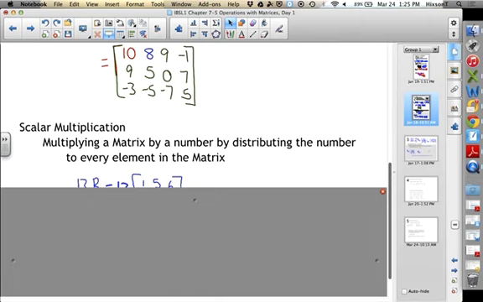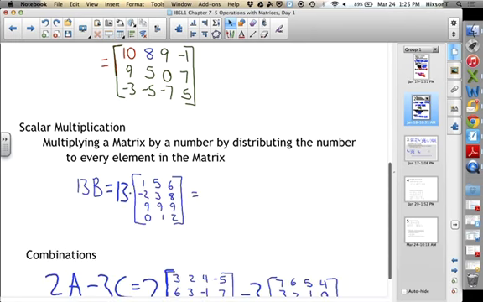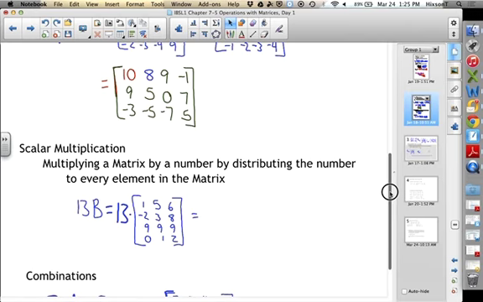Because when we multiply a matrix by a number, we're simply going to distribute that number to every element in the matrix. So if we want 13B, we just take matrix B and multiply every element by 13.